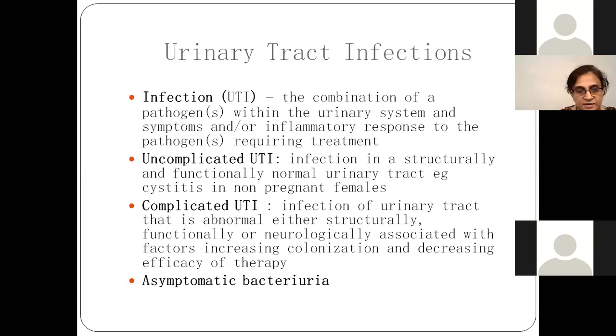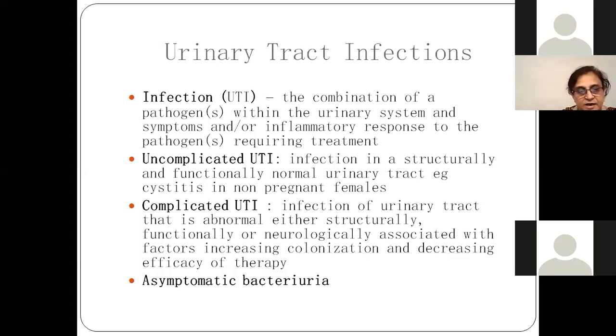Then there's another terminology, asymptomatic bacteriuria. Asymptomatic bacteriuria is, as the name signifies, that there are no symptoms. The symptoms are absent, but the patient is passing bacteria in the urine. Normally, with the voiding of the urine, all the bacteria are flushed out and they are not able to lodge themselves on the epithelium and cause infection.